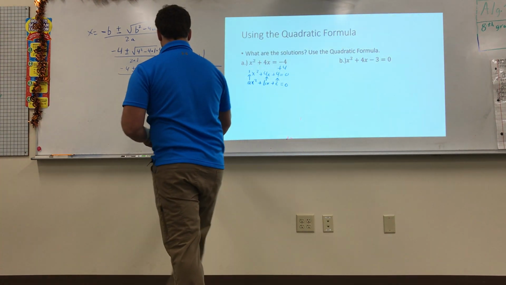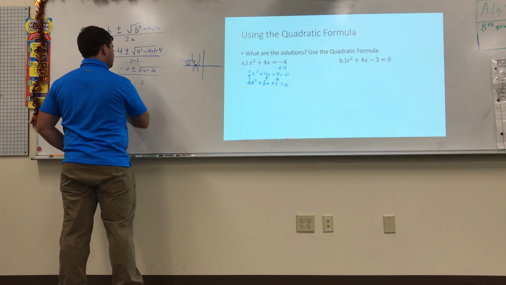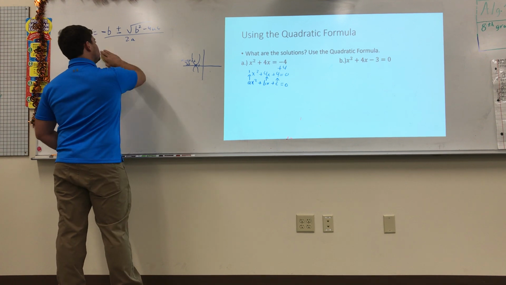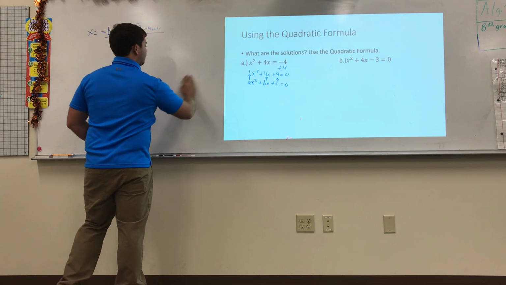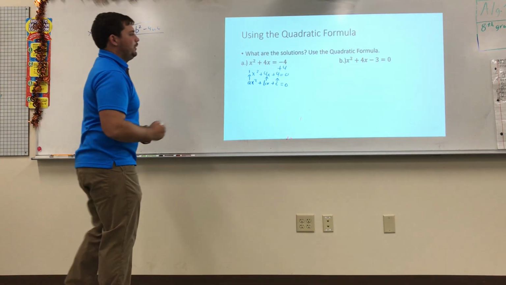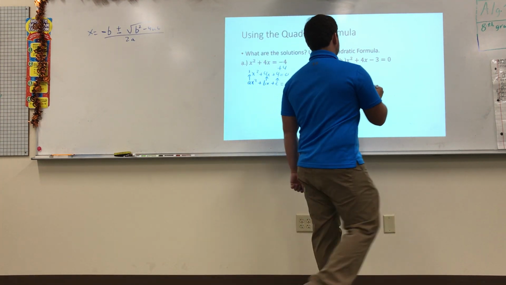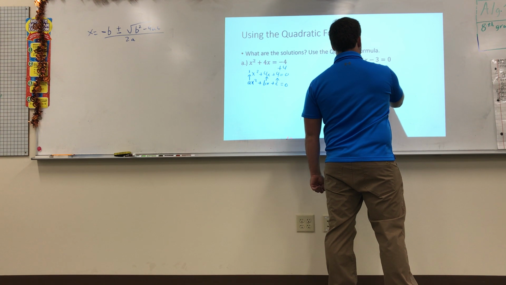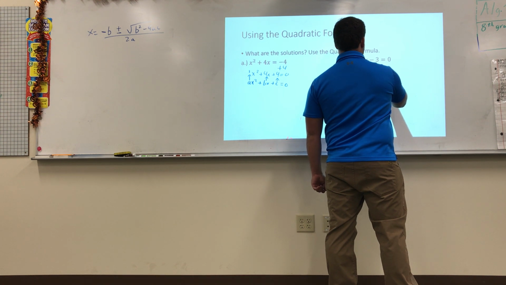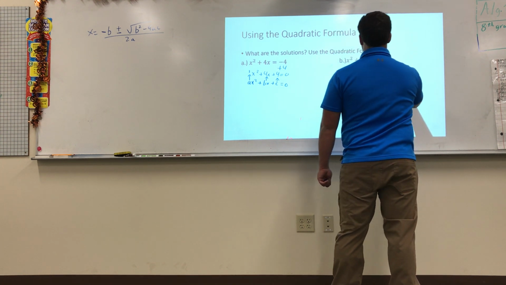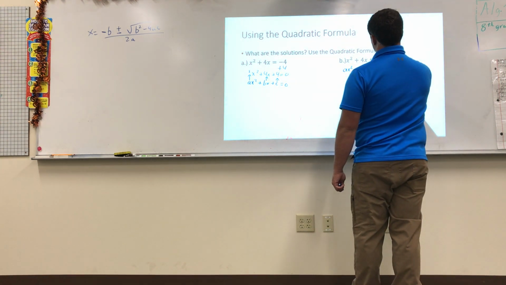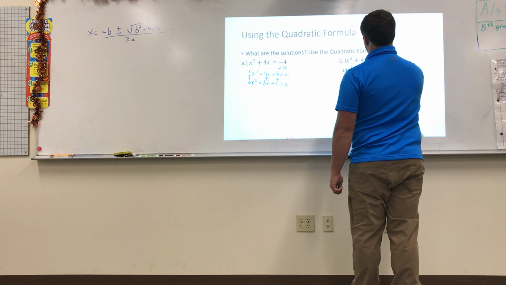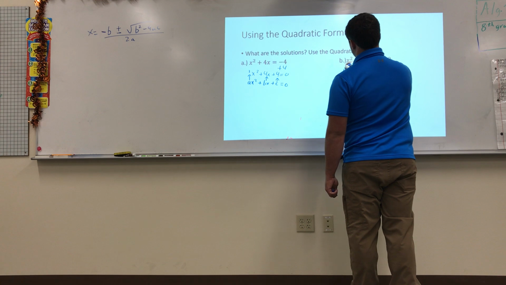Now, the other thing we have is this one. So we're going to do the exact same thing with that one. I'm going to keep my quadratic formula up on the top there. ax squared plus bx plus c equals 0. I'm going to make this a plus minus, so I remember that. There we go.